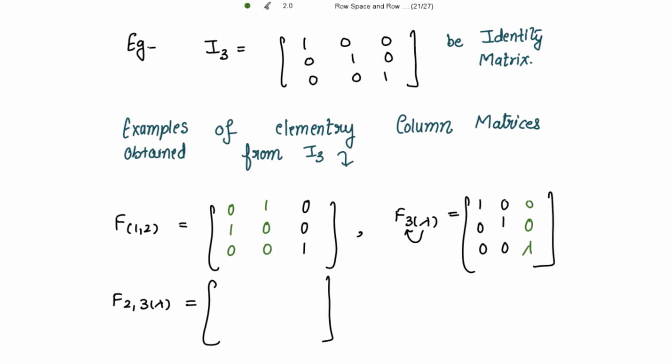Okay. And then I'm going to apply F2 3 lambda. Please remember, if you have written 2 over here, it means you are going to change the second column, right? So the first column and third column are as they are. We are going to change the second column by applying the column operation: multiply the third column with lambda, right?